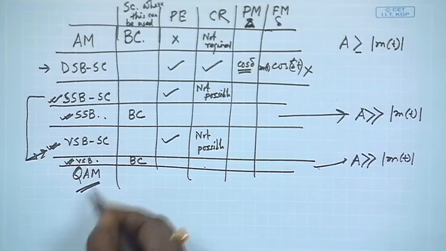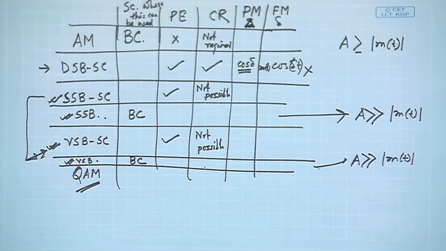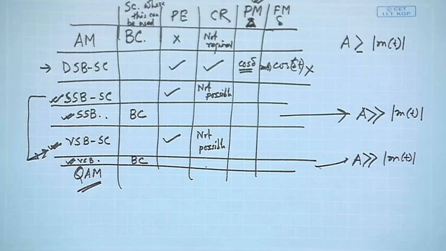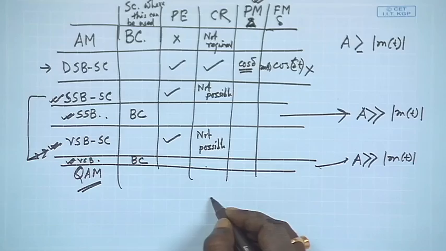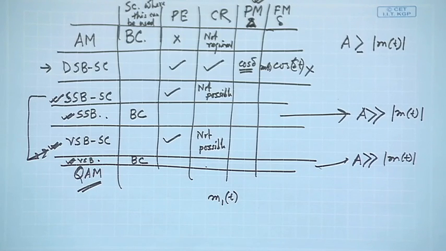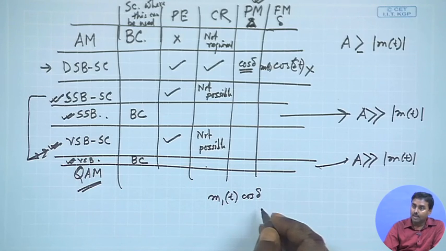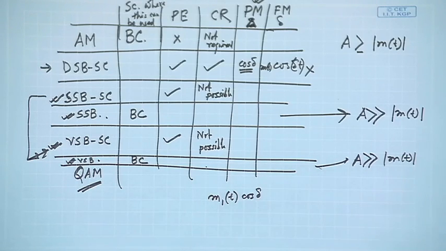Then for QAM, we have discussed some more things. If there is a phase mismatch, the message signal will have something like m1(t). Suppose I want to demodulate m1(t), it will have this cos delta term, but there will also be an additional term with respect to m2(t). That will actually give interference to my signal.